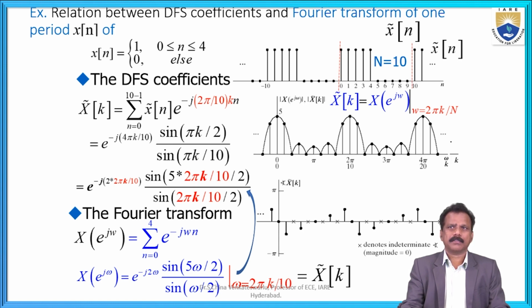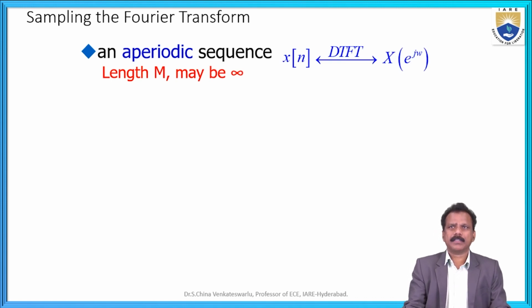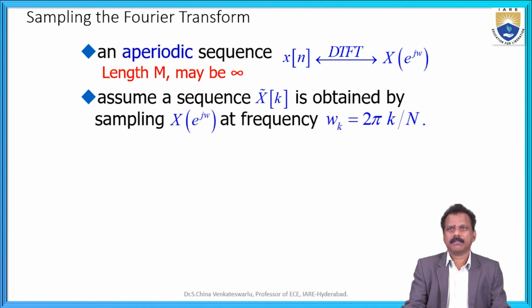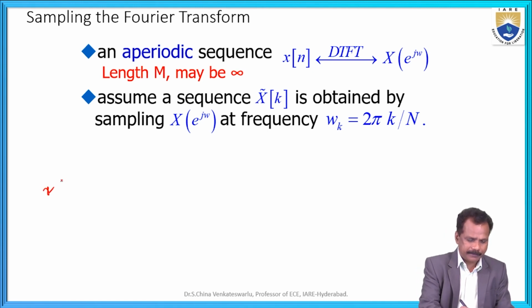Okay, the Fourier transform and the sampling of the Fourier transform, and a periodic signal x of n, in the discrete time Fourier transform X of e power j omega, if it is of length M, may be infinity. So what happens? Assume the sequence X of k is obtained by applying the discrete time Fourier transform to x of n.